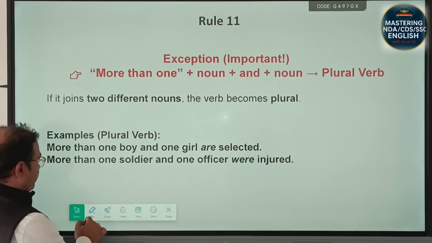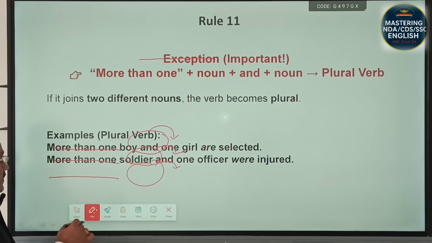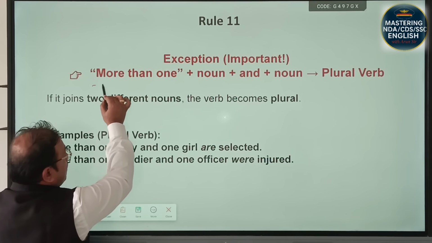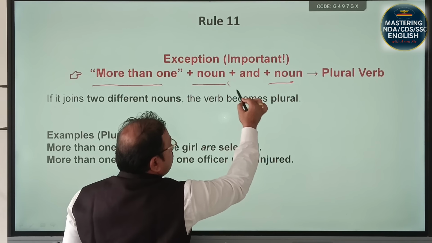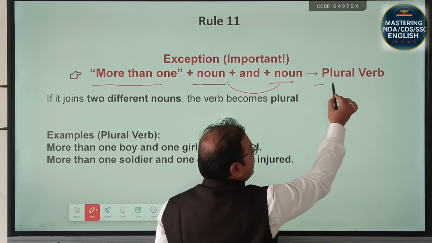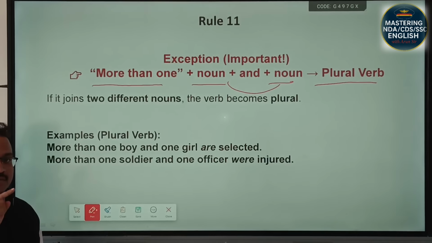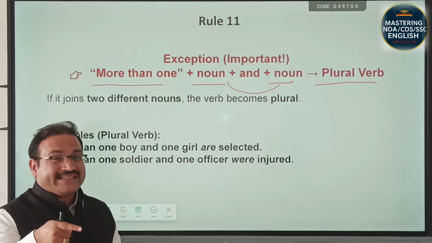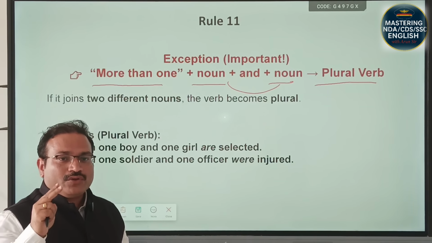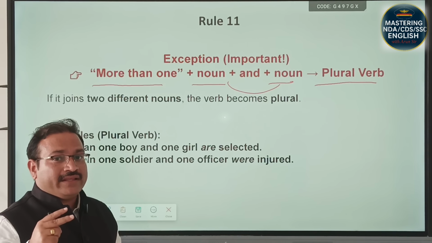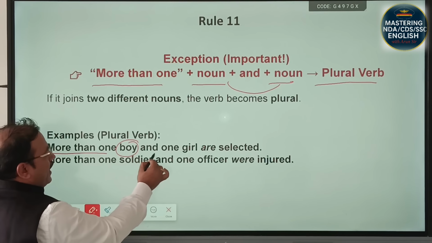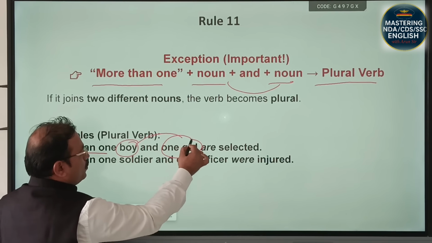Next rule. This is an exception of that rule. But more than one, if followed by two nouns, then they become plural. There, more than one followed by singular noun and singular verb. But when more than one is followed by two nouns, then they are plural. More than one boy and one girl, two, are.